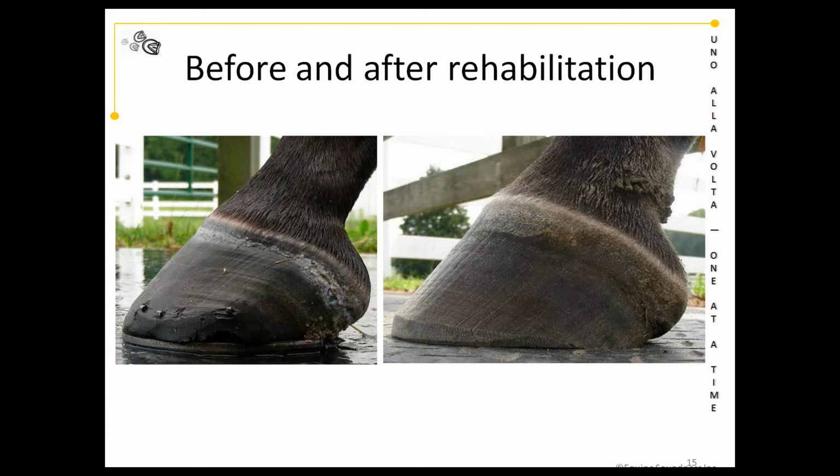If for any reason this expanding force is lacking, the hoof will become more narrow over time. That means contracted.